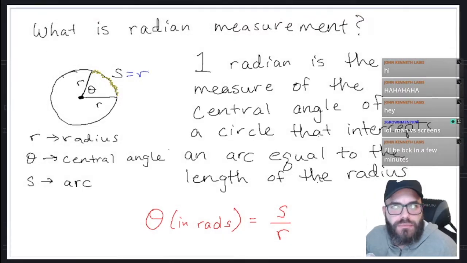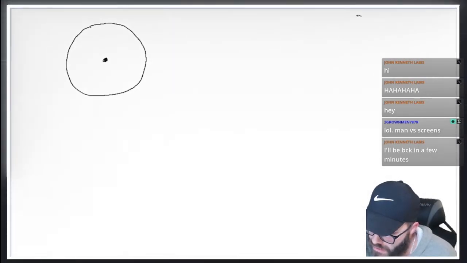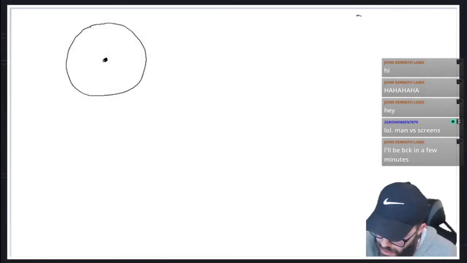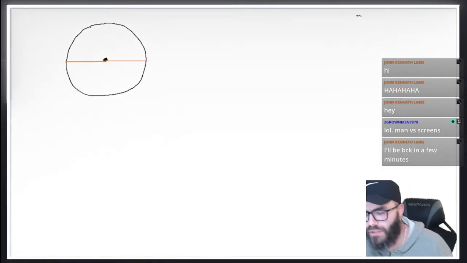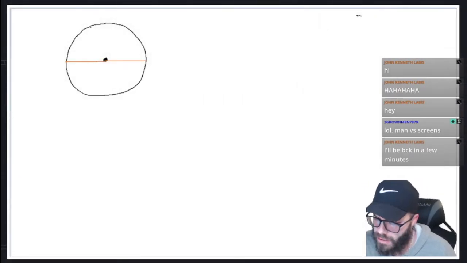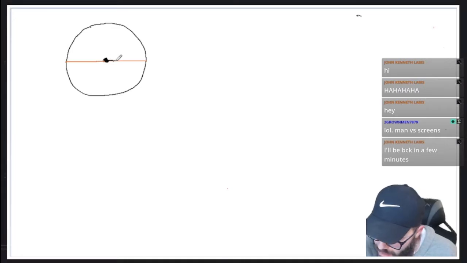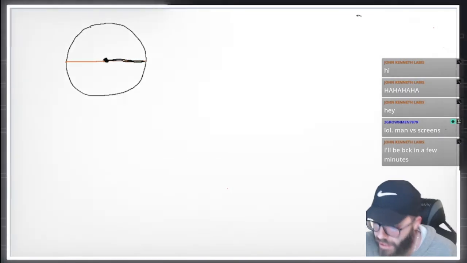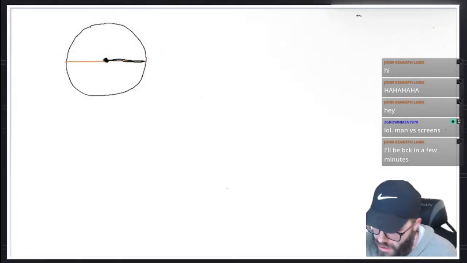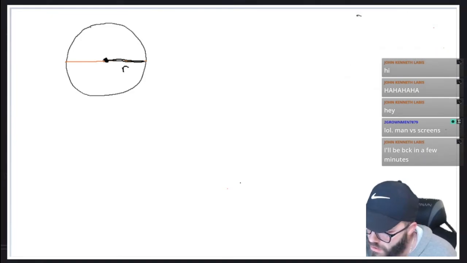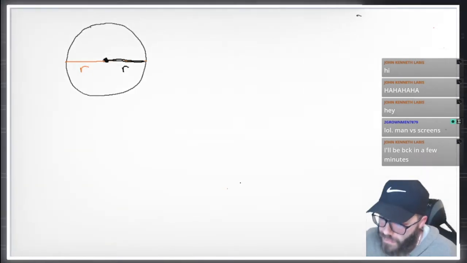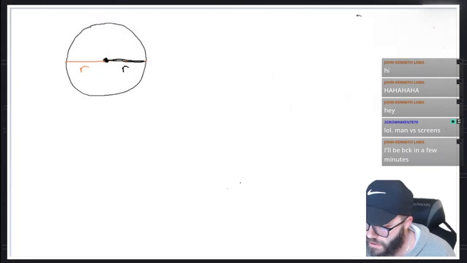Pretty cool. So the diameter of the circle is a chord that goes through the center of that circle. So that green radius is R, the orange one is R. So the arc that is intercepted here.